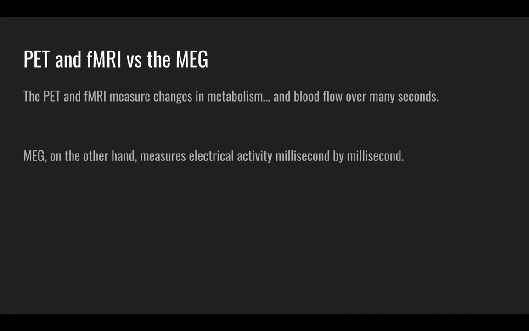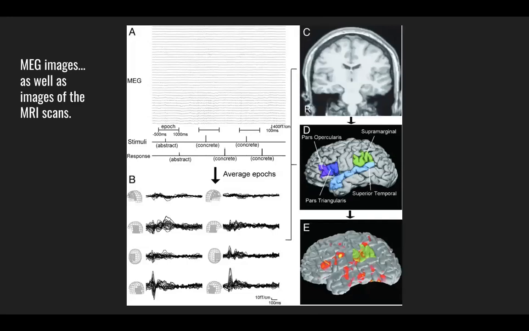So it's more accurate, it's better with time, and its spatial and temporal resolution is much better also. So it's great. Here is an MSI. We've got MRI images, MEG images, and recordings, and it's giving doctors and radiologists a really good idea of what's going on in the brain.